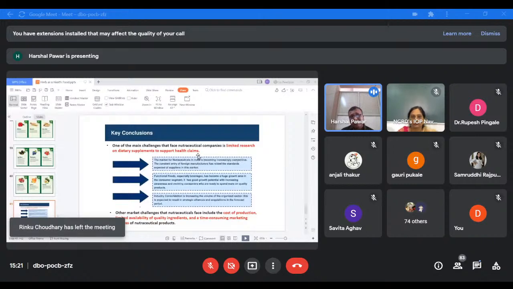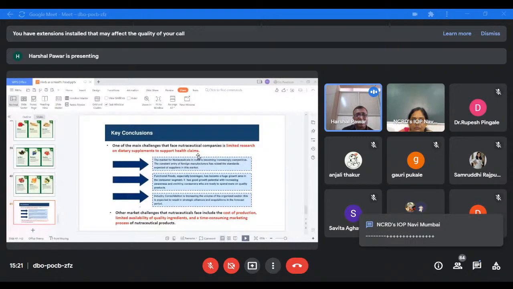And it becomes quite challenging and difficult sometimes to standardize all these extracts, especially to standardize the final product formulation. Right, so this is the major challenge.